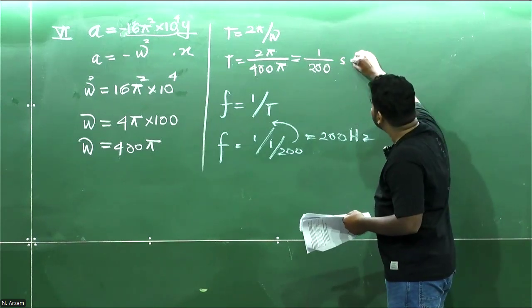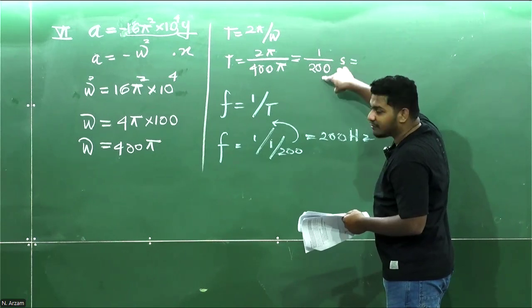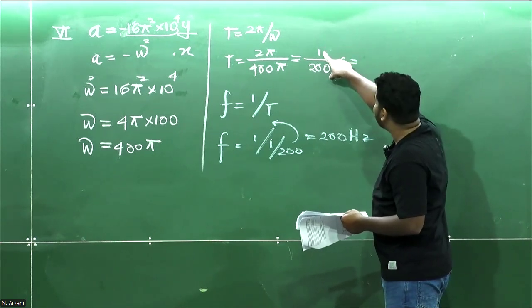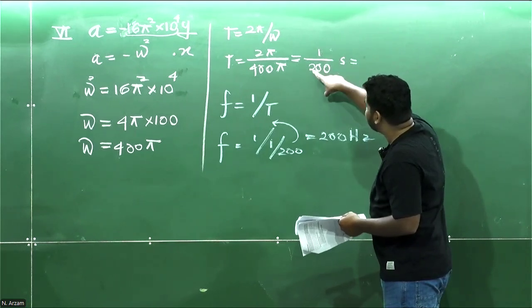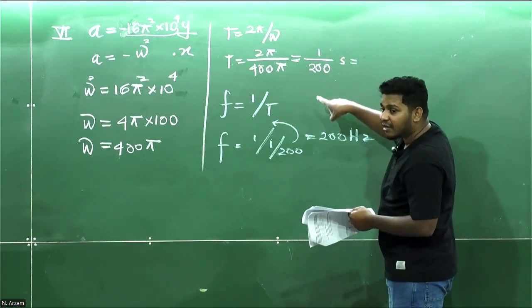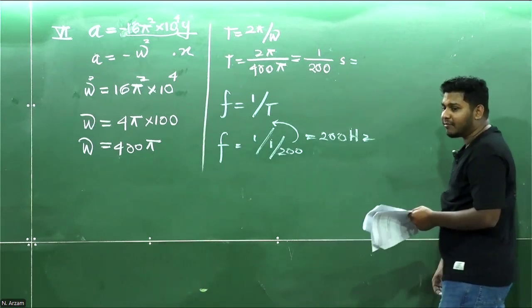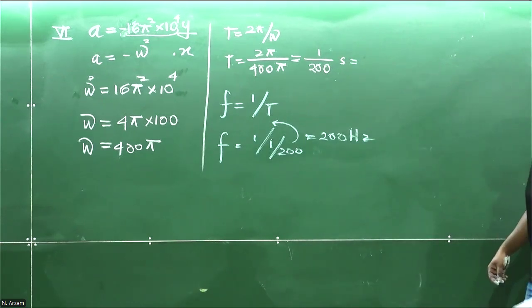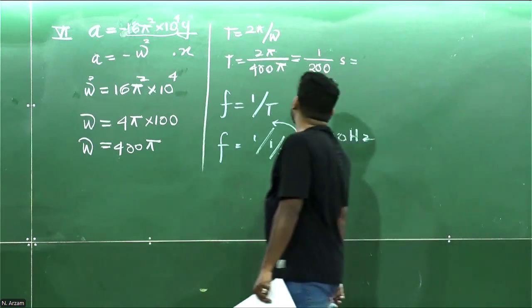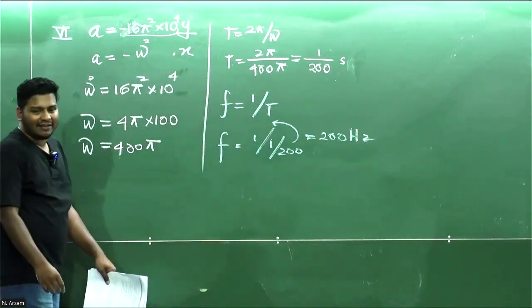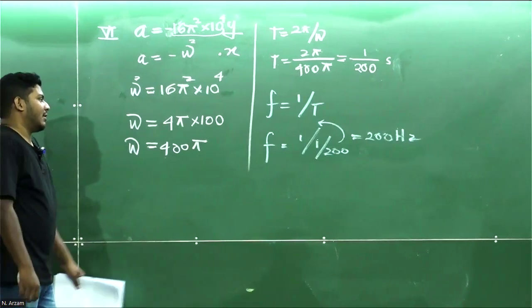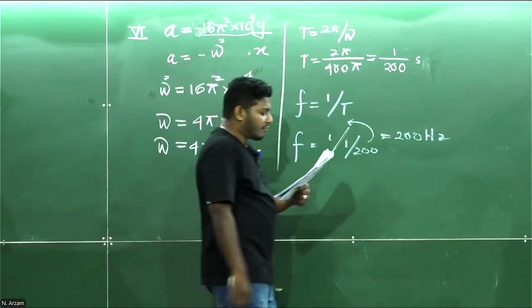If you want to simplify, you can divide by 2, divide by 2. This is half, like 0.5, and here this is 100. 0.5 divided by 100 is 0.005. Sometimes that depends on the question. For this question, this is enough.